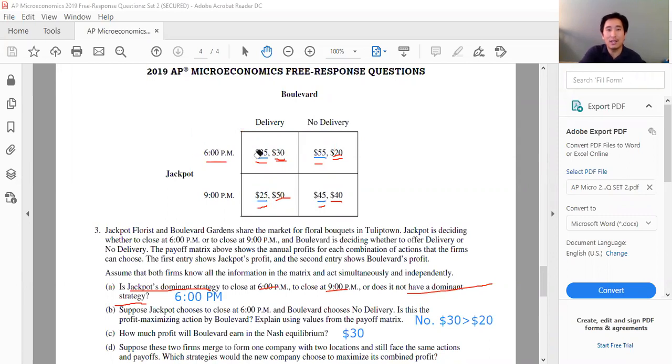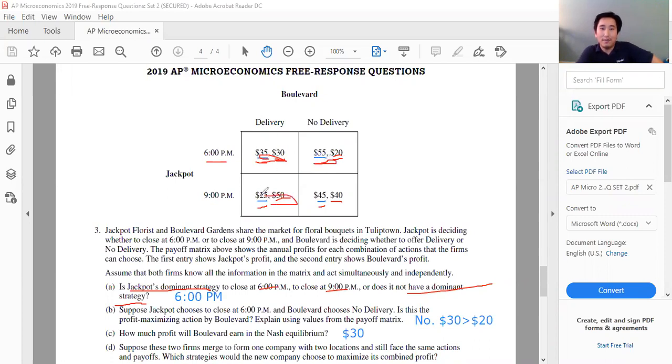Okay, so in this case, all you would have to do is add up the different categories here and say if they do merge together as one company, then the combined profit of delivery and 6 p.m. would be 35 plus 30, which would be 65. No delivery and 6 p.m. here would be 75.